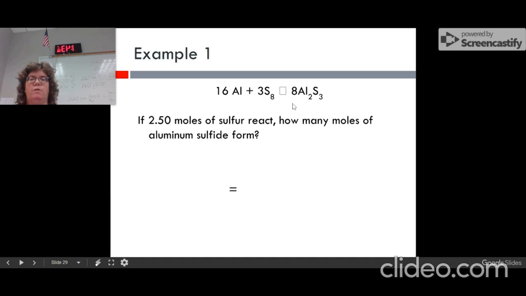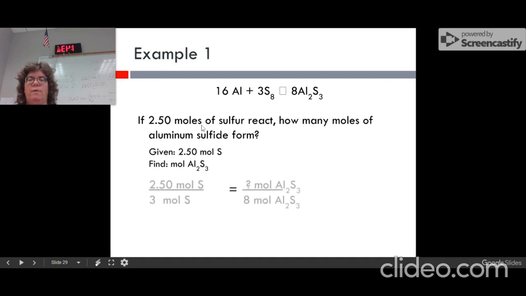So if we work through our problem, first we write down what we're given, 2.5 moles of sulfur, and what we need to find, which is how many moles of aluminum sulfide. Then when we write out our equation, we can just do a ratio. So 2.5 moles of sulfur and 3 moles of sulfur. This is in the recipe.